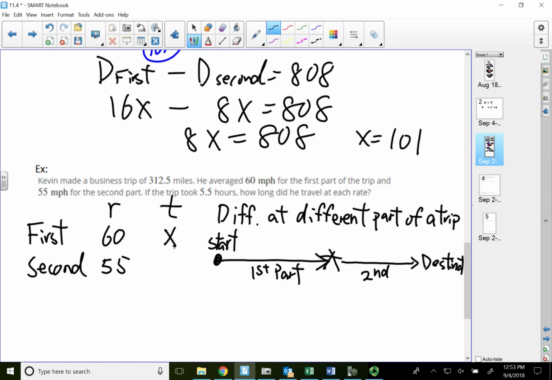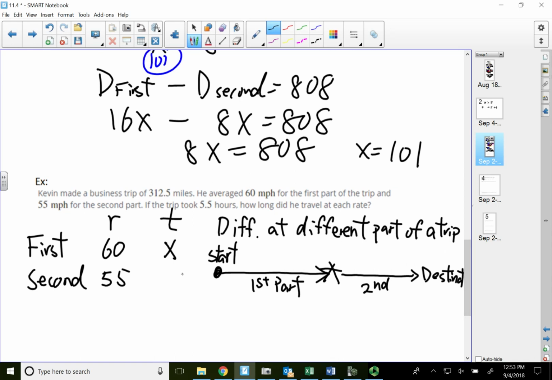If the first part of the trip he spent x number of hours, what would the second part be? And this is where in module 9 we're talking about the you and I concept: you and I have a total of 5.5. If you have x, then the other one will get the total minus what the first person gets.